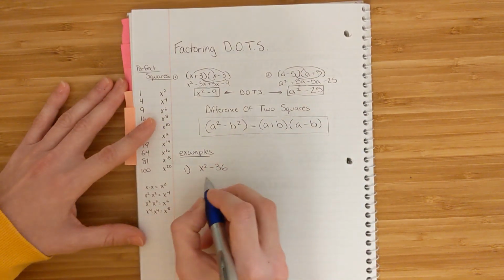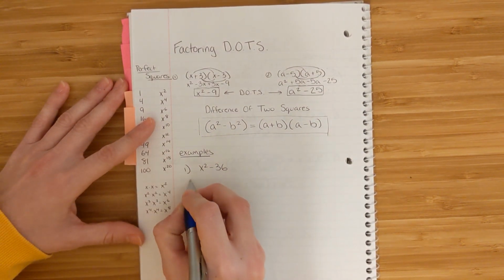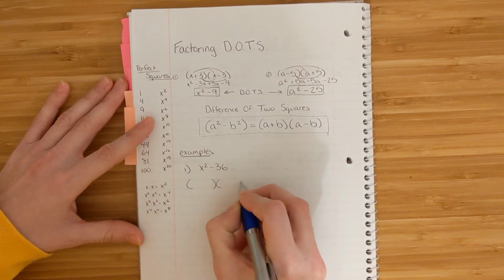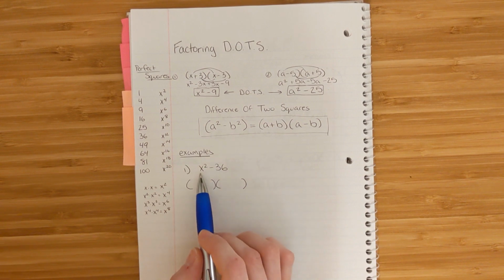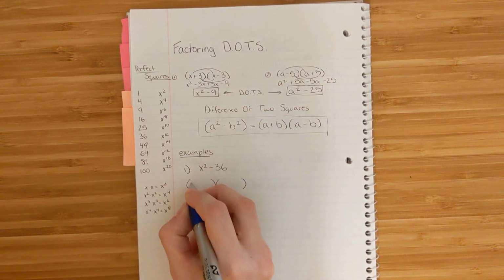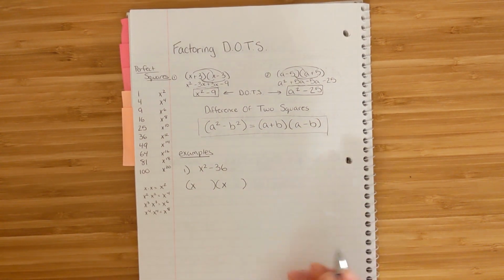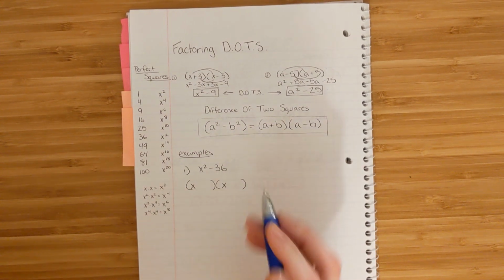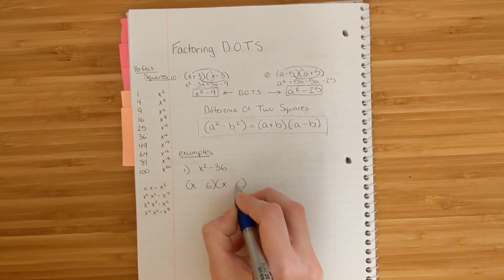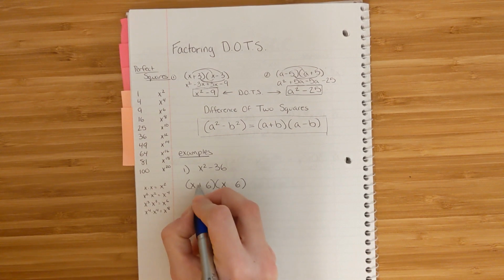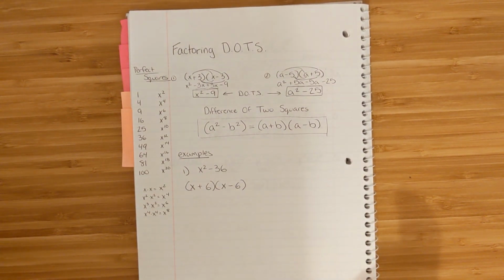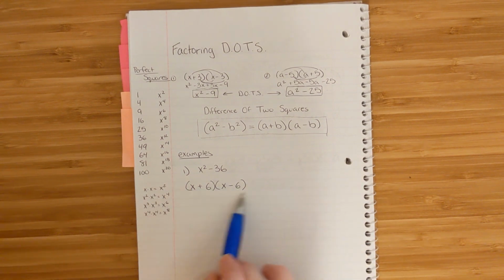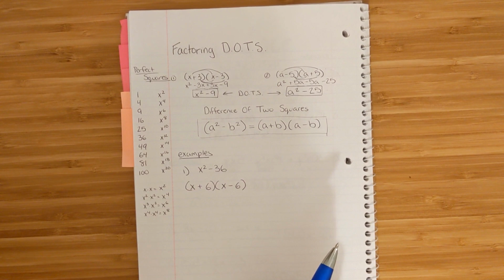That means that if I want to break this down into two pieces that will multiply back to that binomial, all I have to do is take the square root of x squared, which is x, the square root of 36, which is 6, with one factor having addition, one factor having subtraction, and my job is done. This right here is the factored form of x squared minus 36.